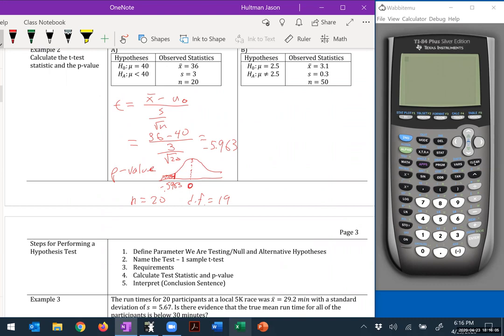I'm going to go to 2nd Vars, to tcdf, not normalcdf. Normalcdf is for z's. For tcdf, I'm going to have the lower be negative infinity and the upper be negative 5.963.